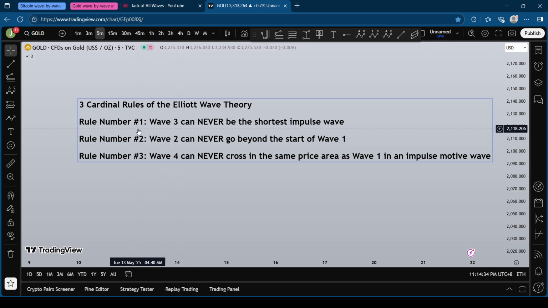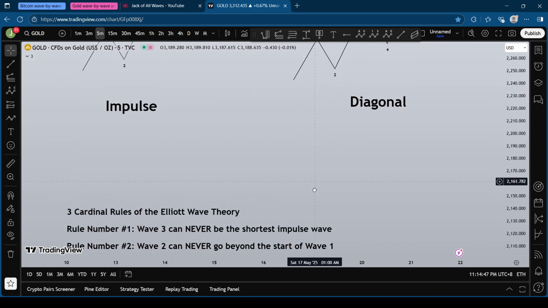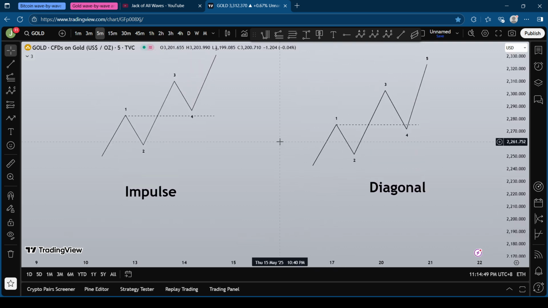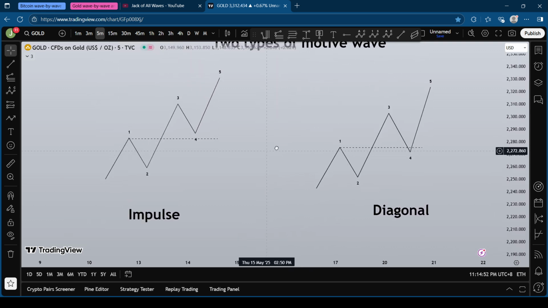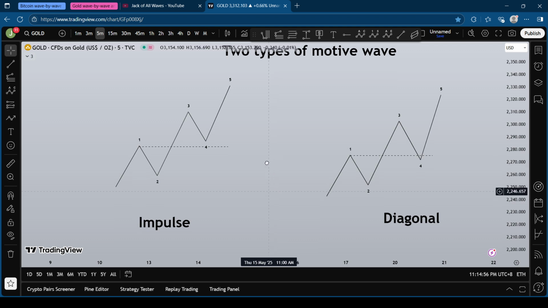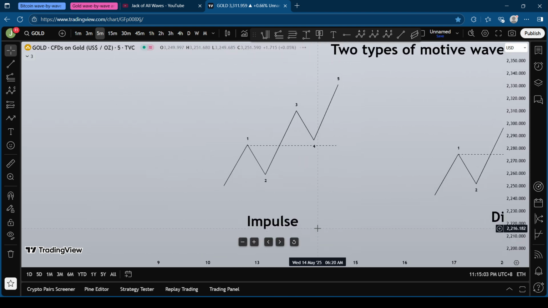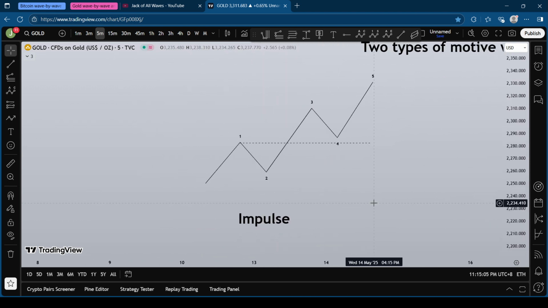Now, let me elaborate what we mean by wave 3 can never be the shortest impulse wave. Regardless whether it is an impulse or diagonal, the wave 3 should not be the shortest. So what do we mean by that? Let's focus on the impulse wave here.